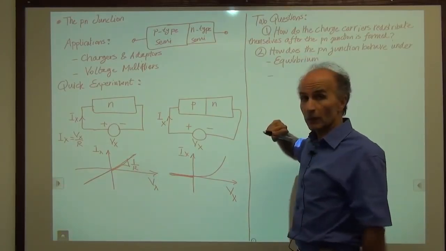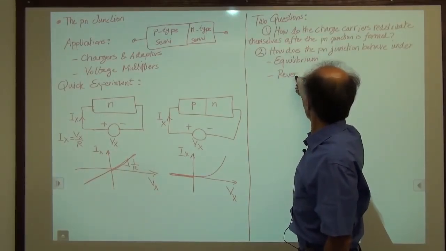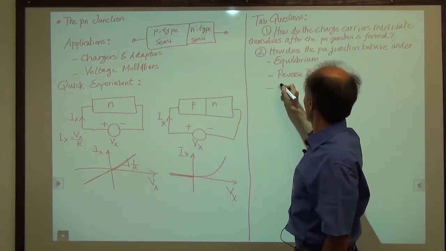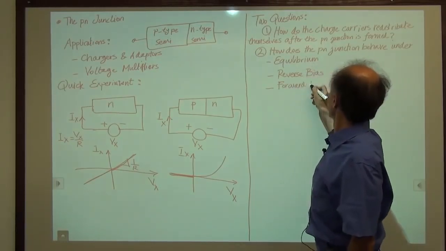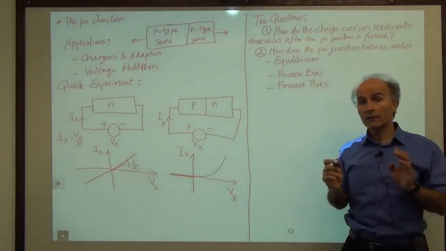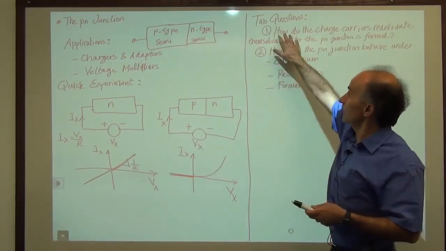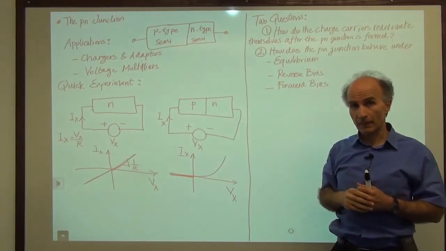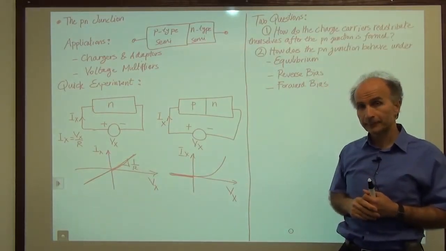Condition number two is what we call reverse bias. And number three, forward bias. These are all unfamiliar words and expressions. Don't worry, we'll get there. But these are two questions that we need to answer so that we understand how the p-n junction behaves and eventually reach this type of characteristic.